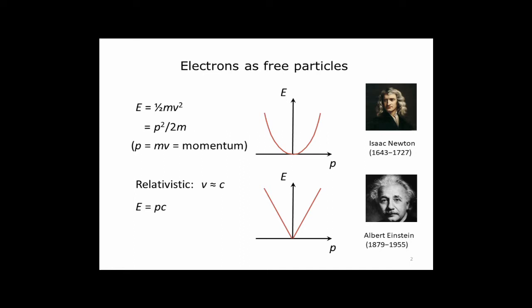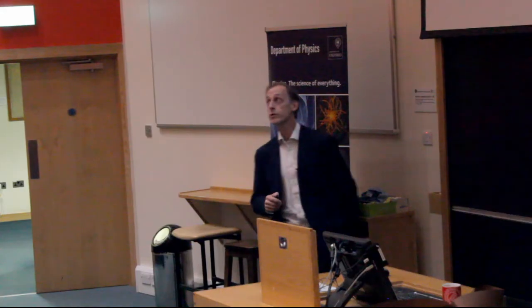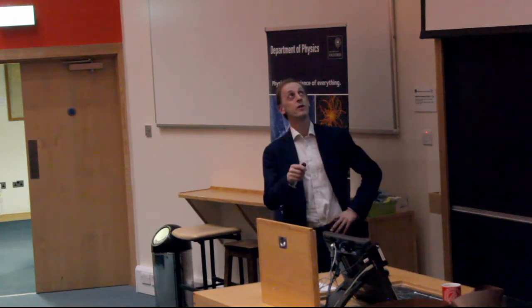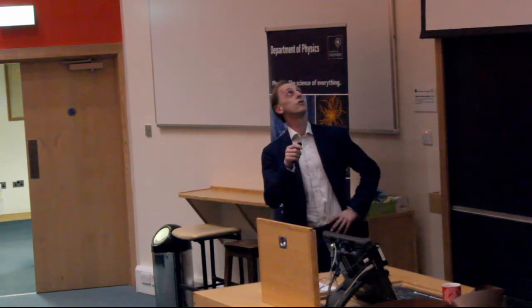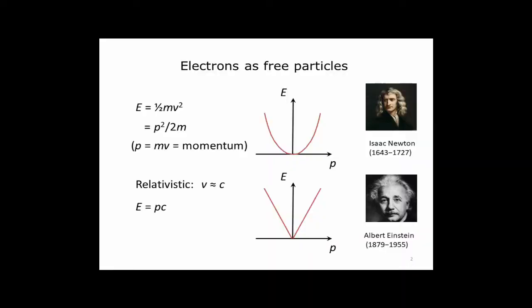Or we can re-express that in terms of the momentum of the electron as p squared over 2m. One way to characterize particles which have mass is by the relationship between their kinetic energy and their momentum, which is this quadratic relationship, and therefore a parabola on this type of plot.